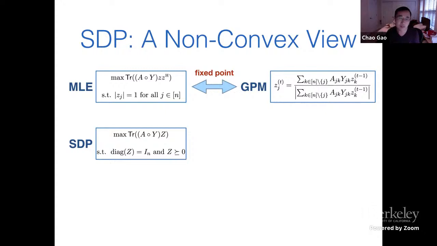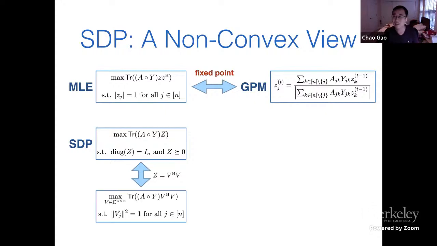And for any positive semi-definite matrix, you can factorize Z as the product V transpose V, right? Once you plug this factorization back into the SDP, you will get an equivalent formulation of the SDP. But this formulation is an optimization over V, not over Z, right? So it is equivalent, but it is actually non-convex optimization.